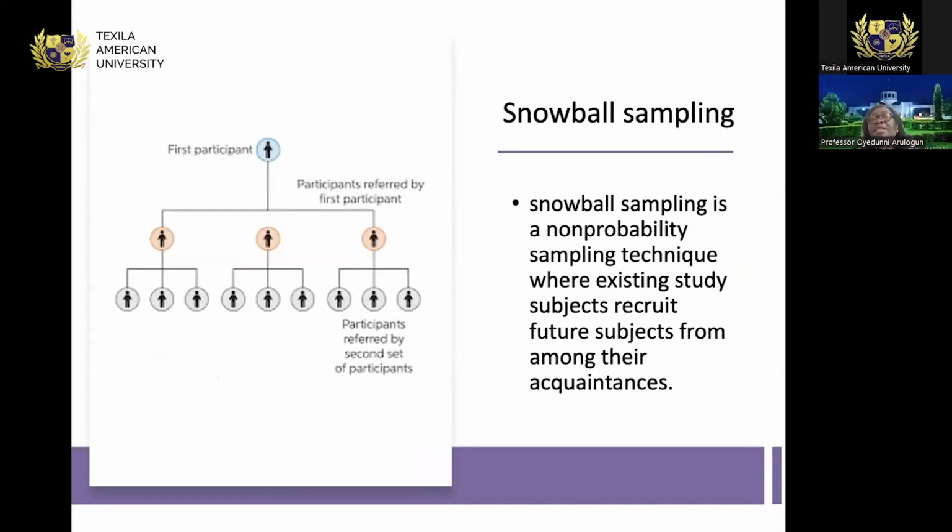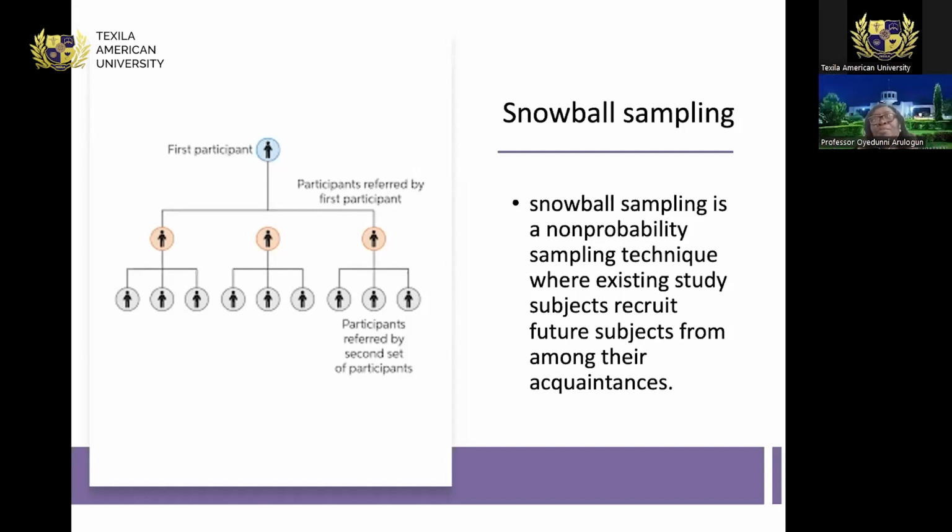Snowball sampling is a non-probability sampling technique where existing study subjects recruit future subjects from among their acquaintances. So you use snowball where either your subject of inquiry is rare, or where you find it difficult getting the next participant. For example, if you want to talk to people who use drugs, or people who have been sexually violated, you are not likely to get them openly to come out to say, yes, I've been a victim.